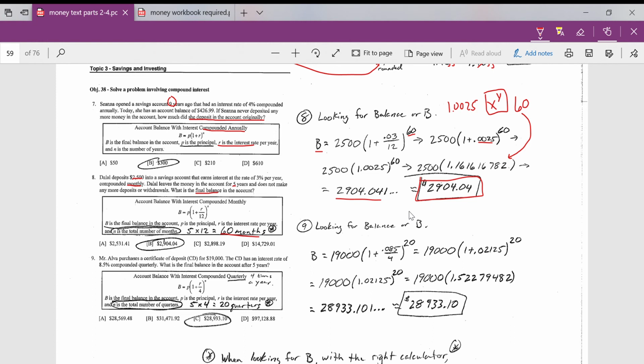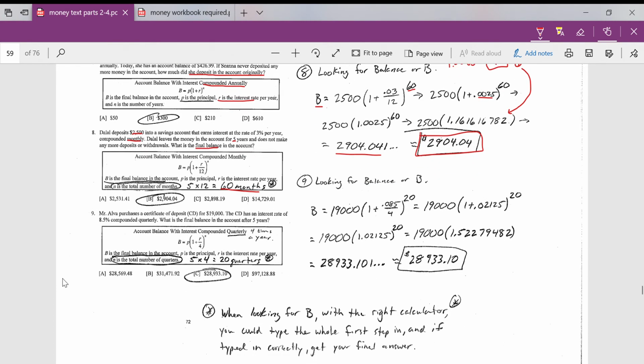Number 9 is basically the same problem. There's little differences here, so you've got to be careful. Number 9: a certificate of deposit, it's like a savings account. You put in $19,000, and that purchases a CD, not the CD that you listen to, but a certificate of deposit.